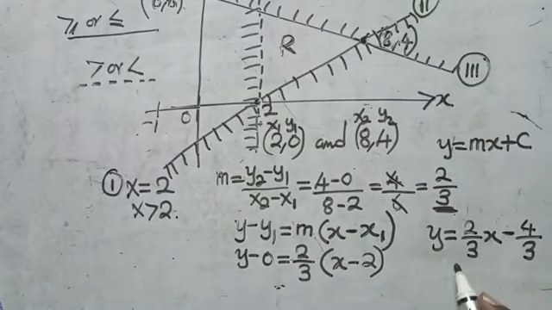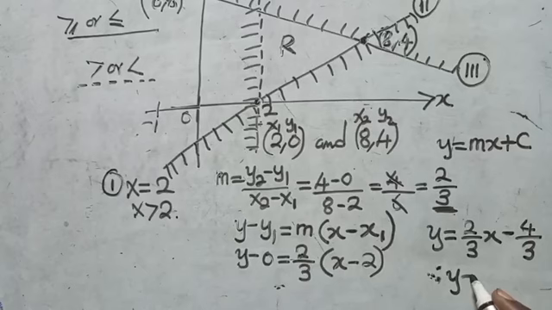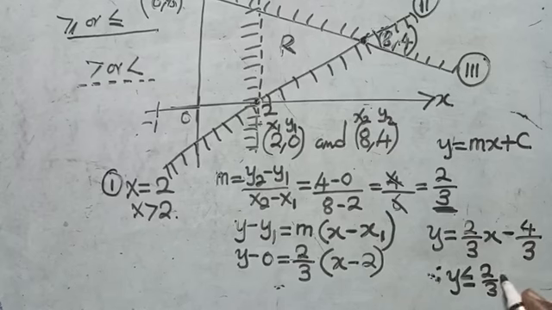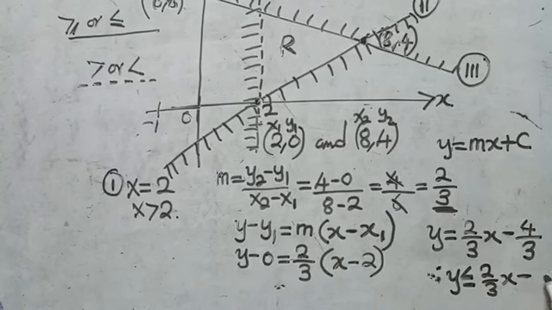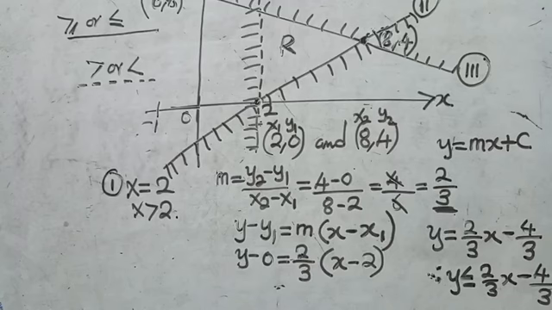Therefore, the equation is y is less than or equal to 2 over 3x minus 4 over 3. This is what I'm supposed to do. So these are the answers. This is what you need to get. So this is inequality 2. I go to the last inequality.